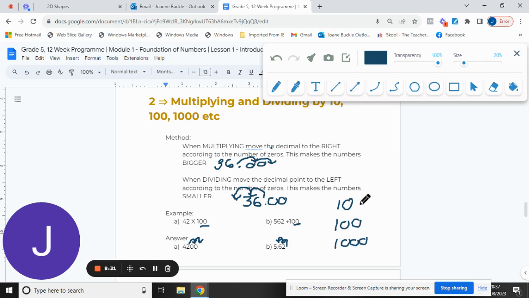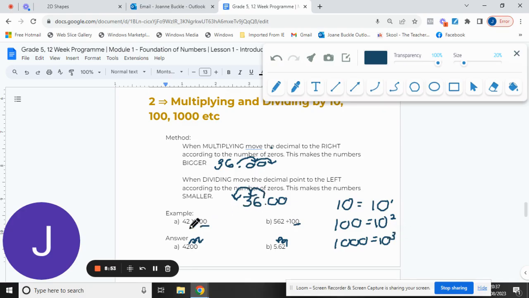Now this also links in, don't worry about this too much now, we're going to be bringing it up in a later module when we talk about powers, but 10 could be written as 10 to the power 1, so we'd be moving it 1 place. 100 is the same as 10 squared, or 10 to the power 2, that's the 2 places we'd be moving it. And 1,000 is the same as 10 cubed. That's 3 places we'd be moving it.